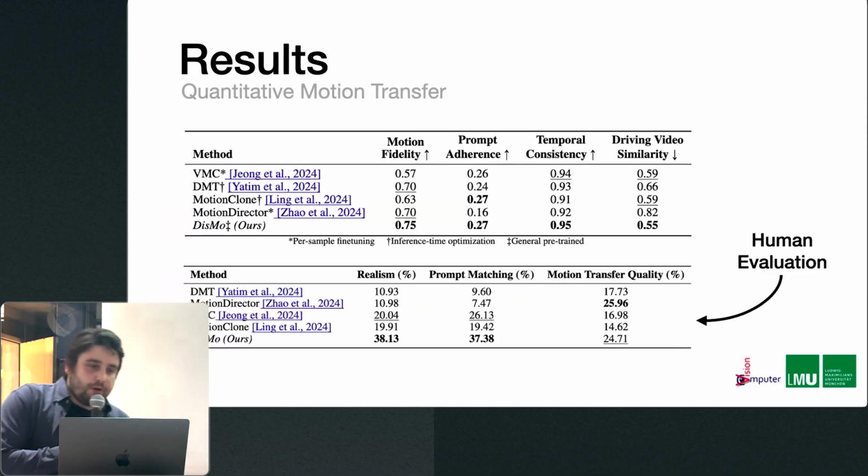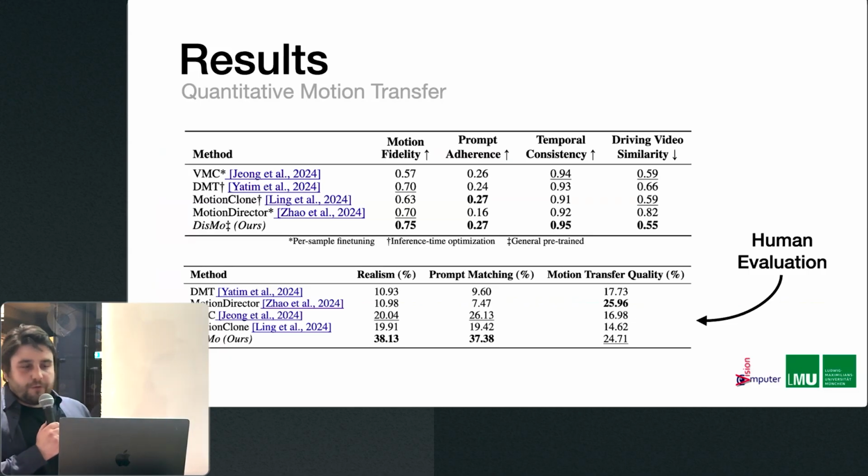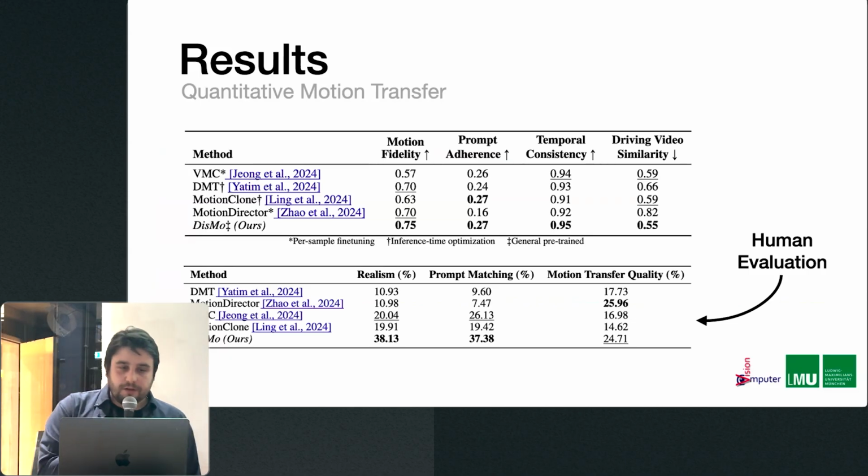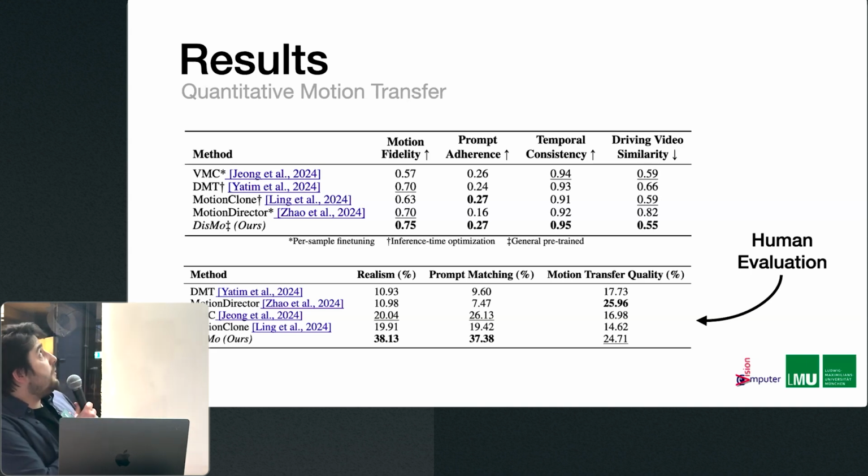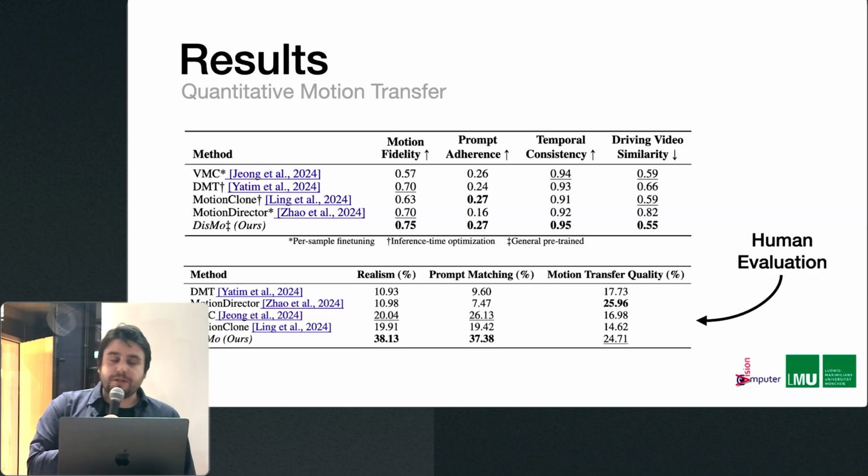And yeah, we also, of course, evaluated this quantitatively. So there are different baselines, and we analyzed it from different angles. The first one is motion fidelity, where we basically measure how aligned the target motion is to the ground truth, or how it should be.